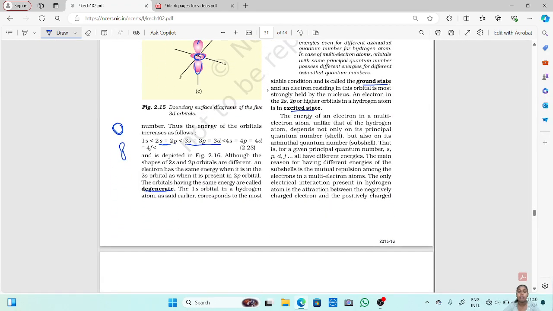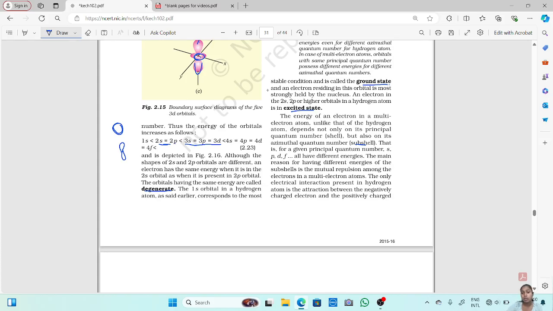Now the energy of an electron in a multi-electron atom, unlike that of the hydrogen atom, depends not only on its principal quantum number, that is the shell, but also on its azimuthal quantum number, that is the subshells. For hydrogen, it only depends on the principal quantum number.